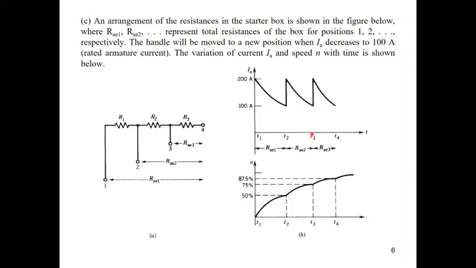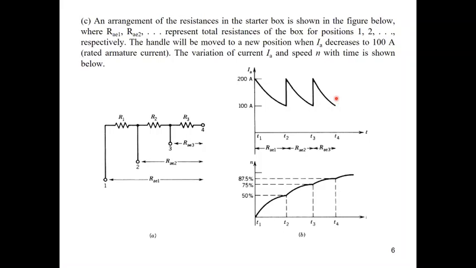At T3, we can reduce the resistance again, with the condition of keeping the current maximum at 200 amps, and repeat this step until reaching the steady state operation. So this is the ideal starter. Now we need to calculate it in values. What are the steps and the resistance values at each step? This is what is required in this part.